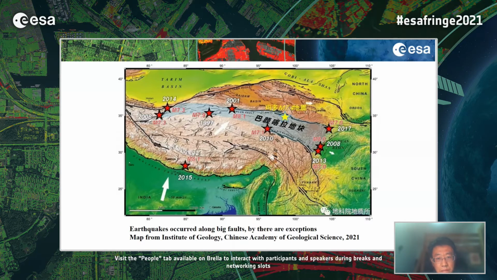Most of the earthquakes occurred along very large, very big faults, but we also have some exceptions. The recent one, the Maduo earthquake, occurred very close to the Kunlun fault, but not on that fault. It occurred to the south of the Kunlun fault.